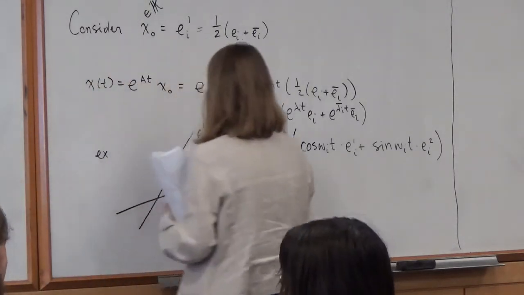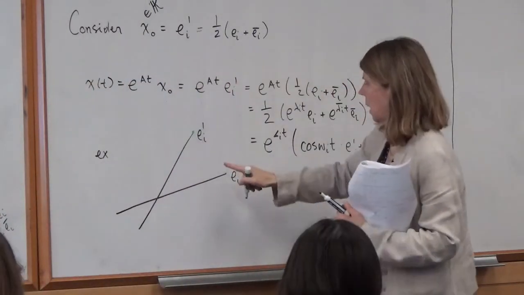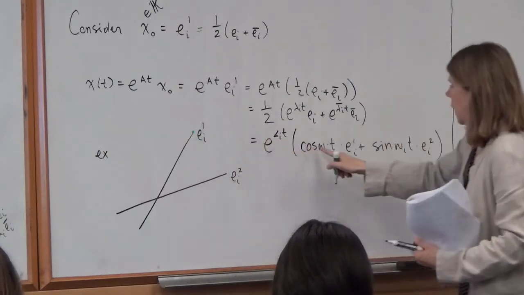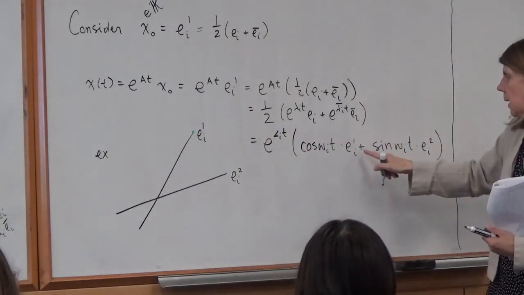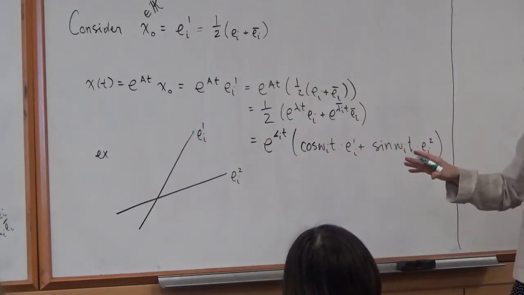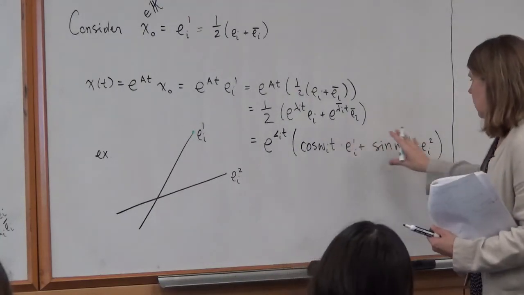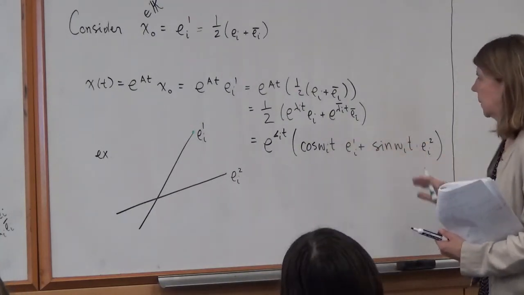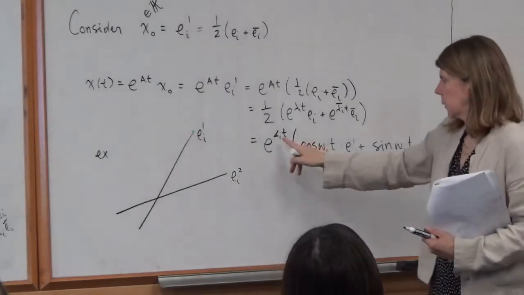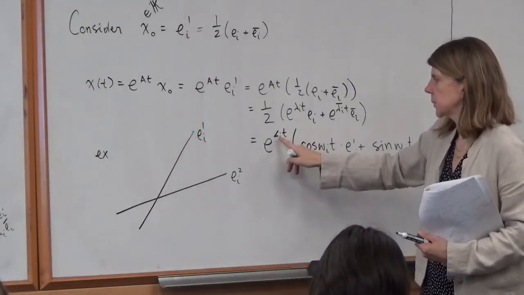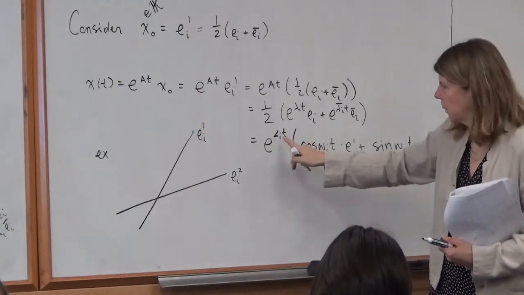So I started on ei1 here, and what's going to happen is I'm going to stay in that subspace of Rn, which is basically defined by this equation here.